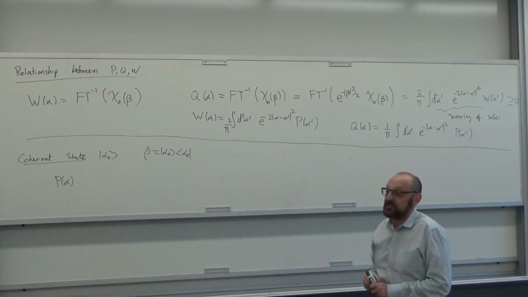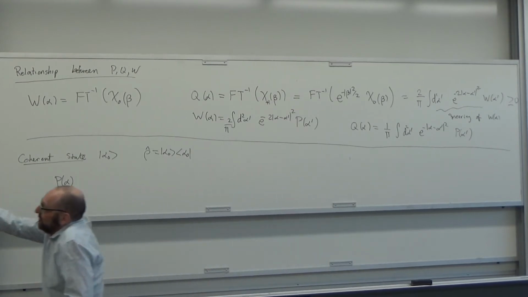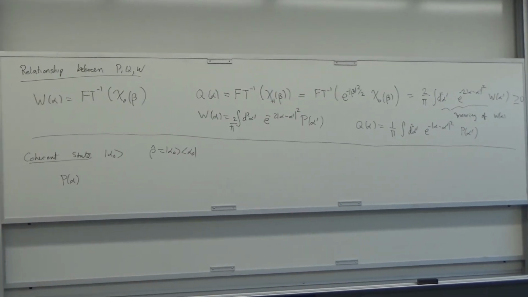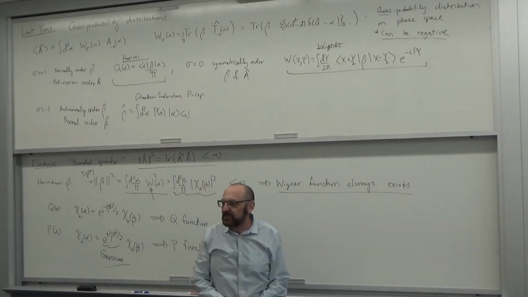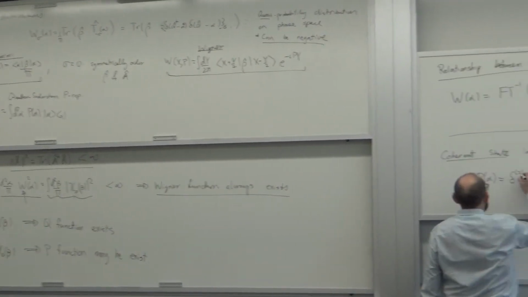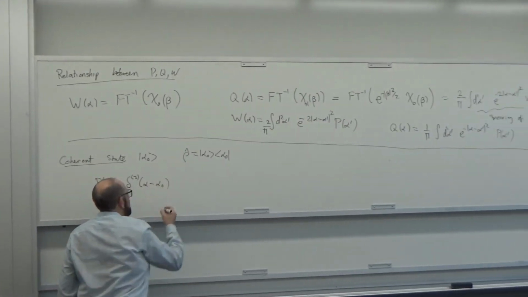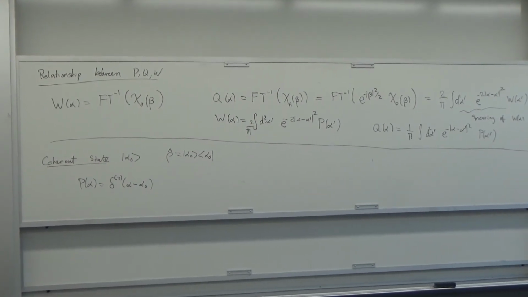It's a delta function. We don't have to do any calculation, just look at it, because this is the general relationship here. This guy is just a delta function at that value of alpha naught.